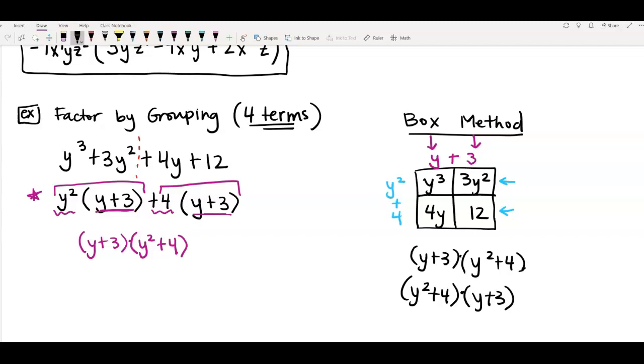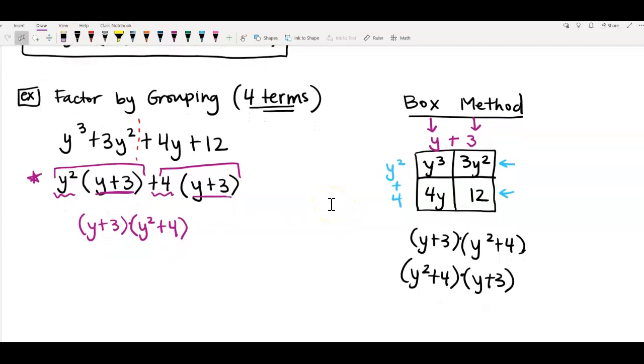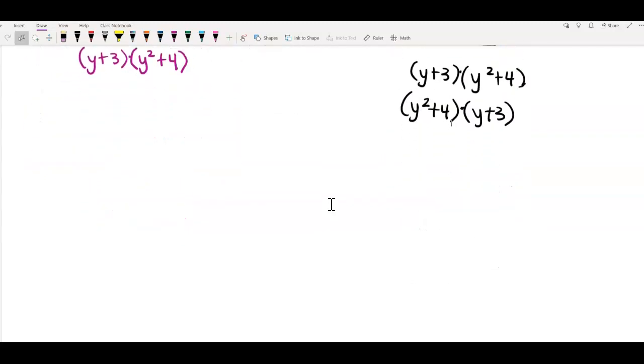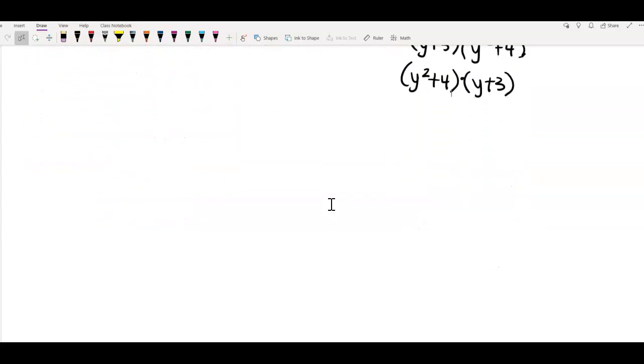There's not one that's a better answer than the other. They're both great answers for that. Okay. Questions on that one? Let's try just a couple more here.